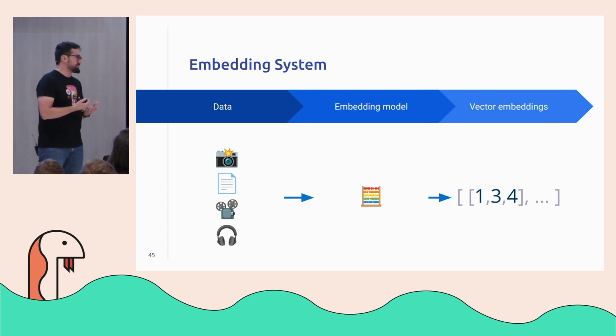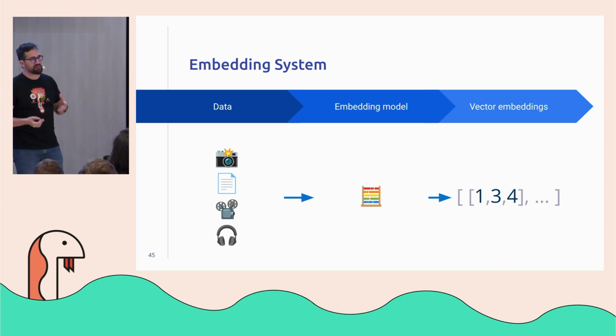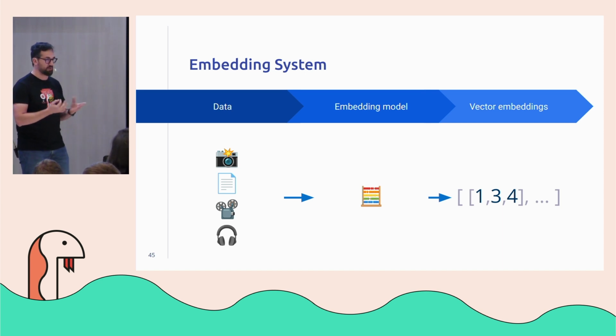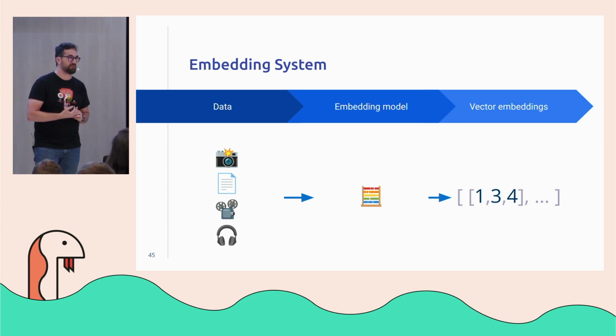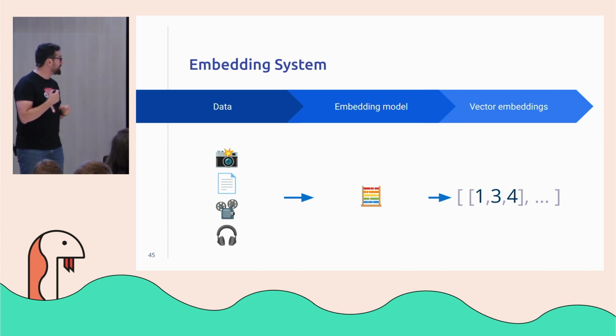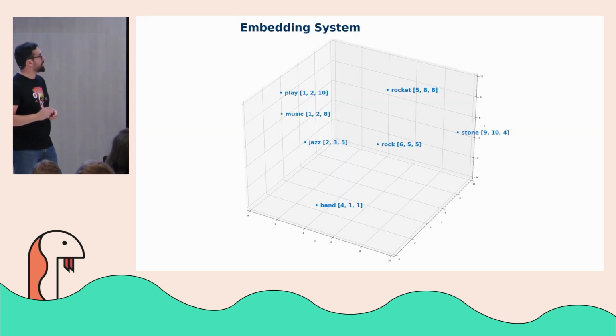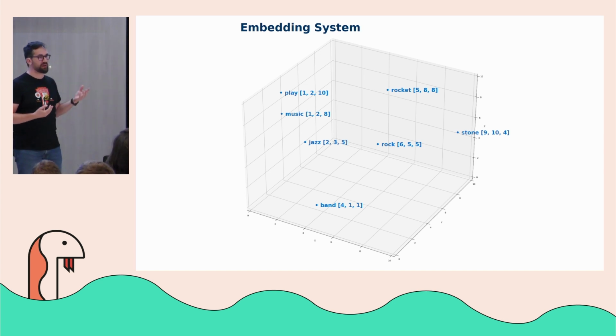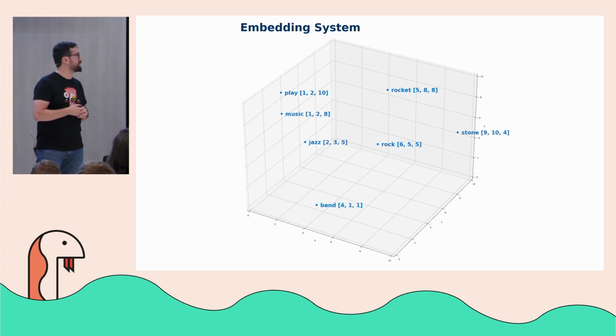What usually happens in semantic search is that we have a lot of data, which can be text, images, or anything you can think of. And using an embedding model, we transform all this data into vectors. To represent this vector in a simple way, we can think about a three-dimensional vector.